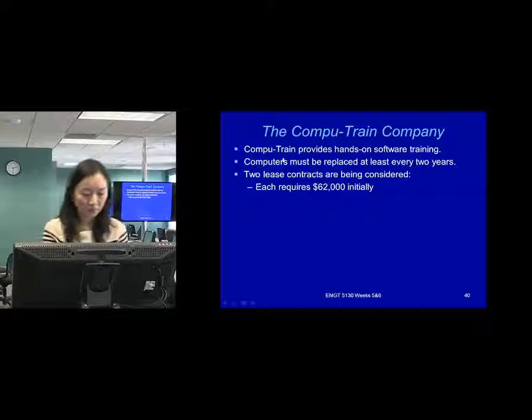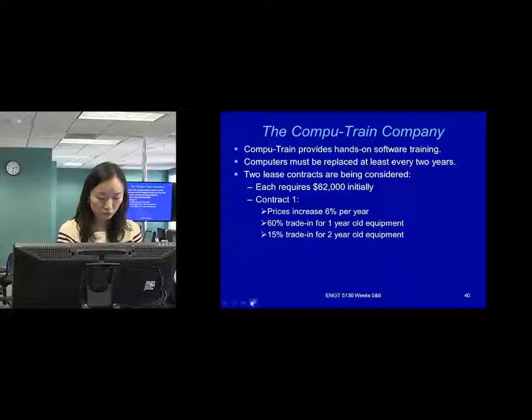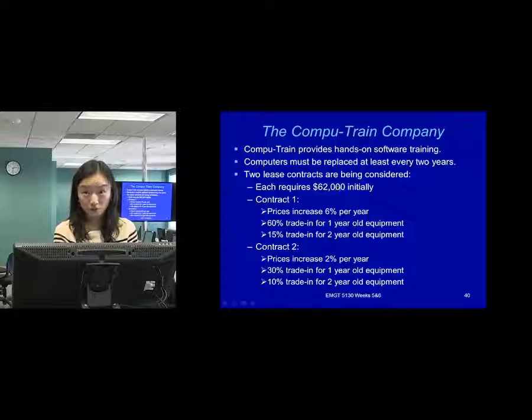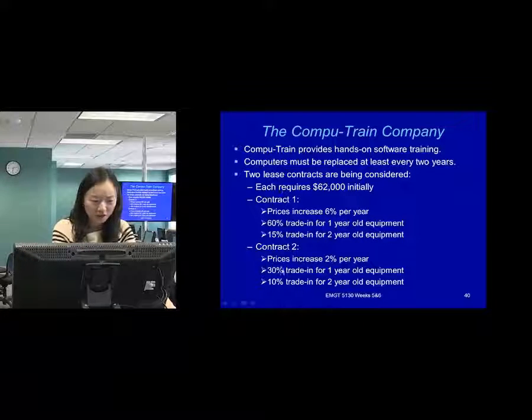This is what we analyzed. So you have to trade at least every 2 years, and the initial costs are the same under both contracts. The price increase rate is different, and the trade-in credit for 1 year and 2 year old equipment are different.